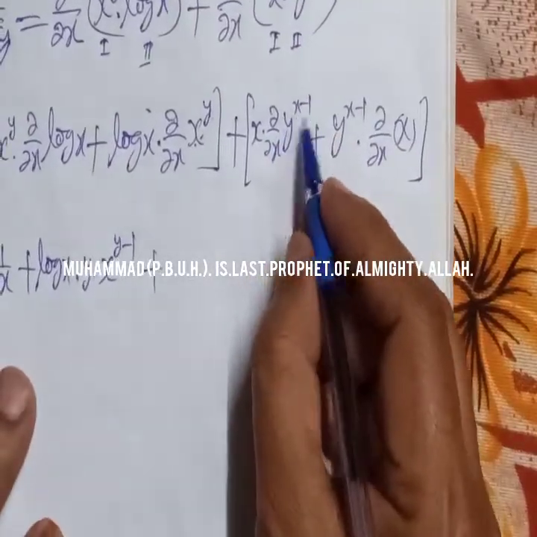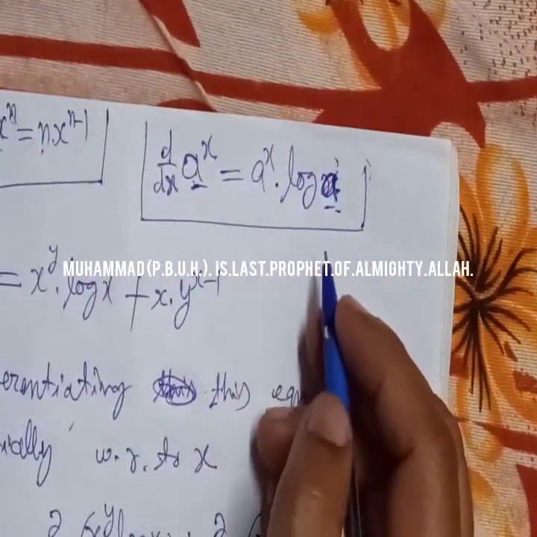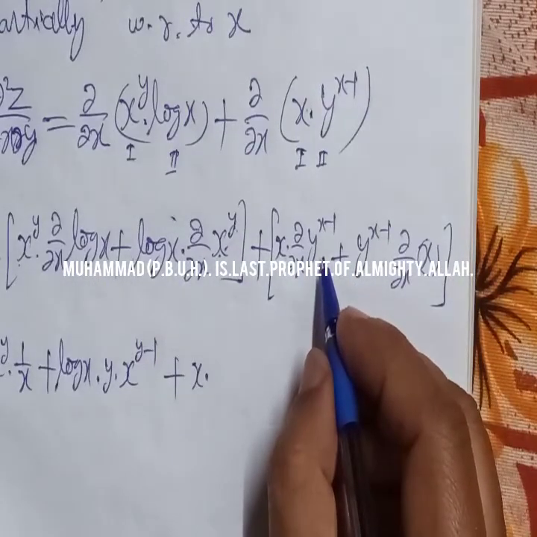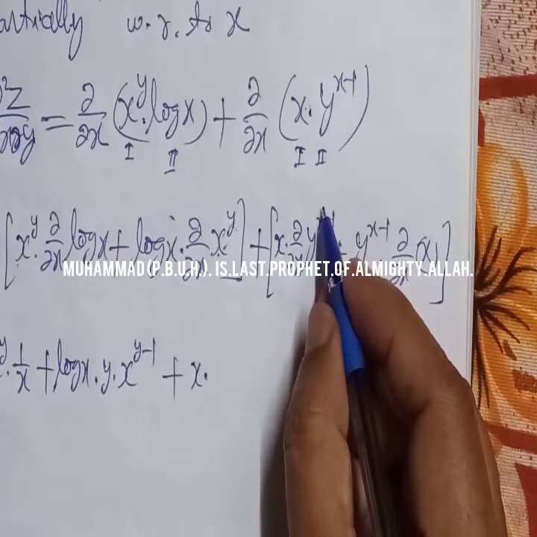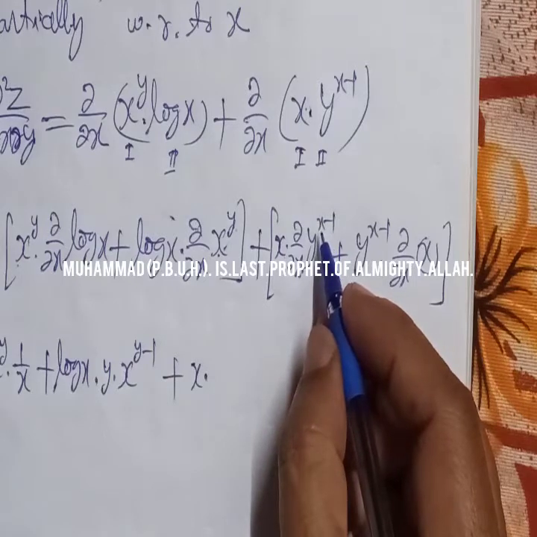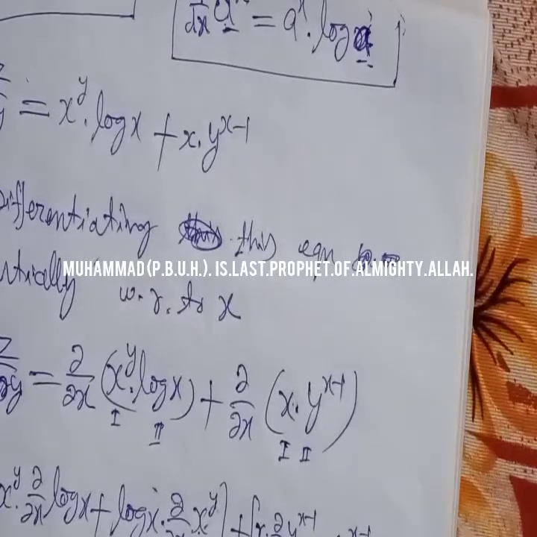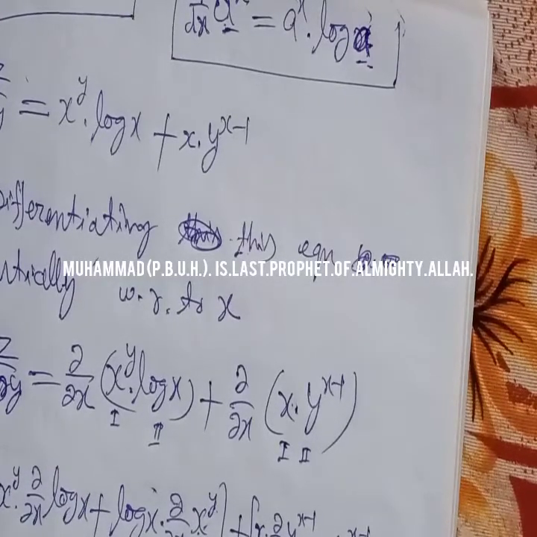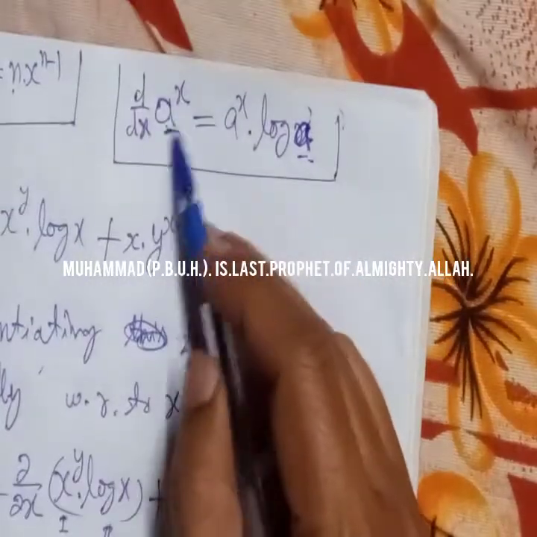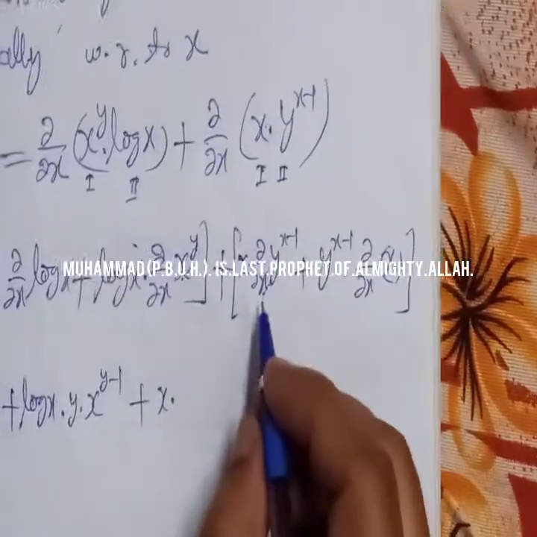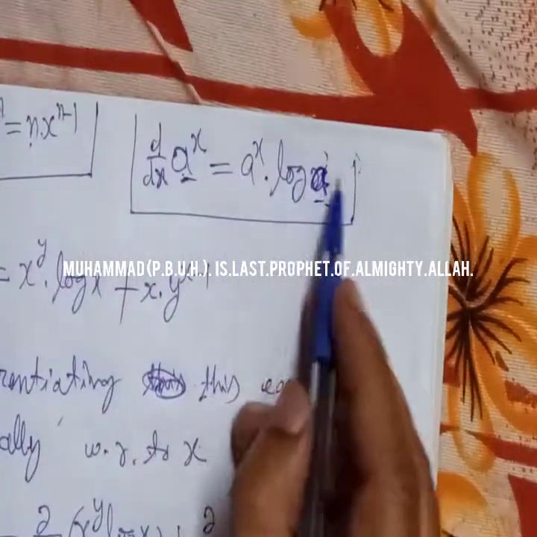Now we go to the next term here, write x and differentiate according to this formula, because for x, y is constant and this is variable, so apply this formula, constant to the power variable, we get y to the power x minus 1 and multiply log y according to this formula.